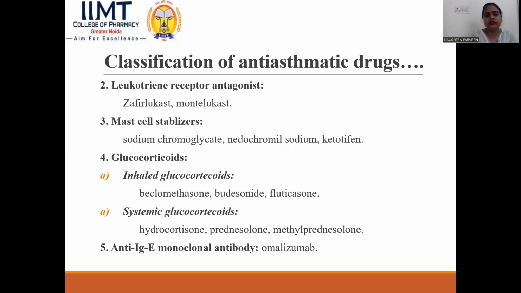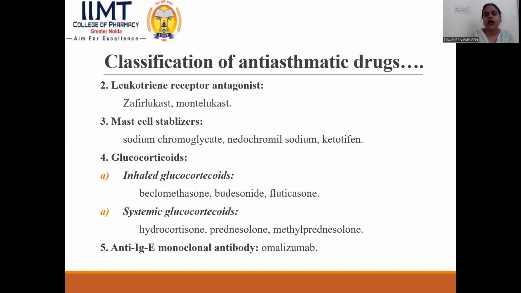glucocorticoids. When we sub-classify glucocorticoids, the first is inhaled glucocorticoids, and the second is systemic glucocorticoids. Inhaled corticoid examples are beclomethasone, budesonide, and fluticasone. The next class is semi-synthetic glucocorticoids.